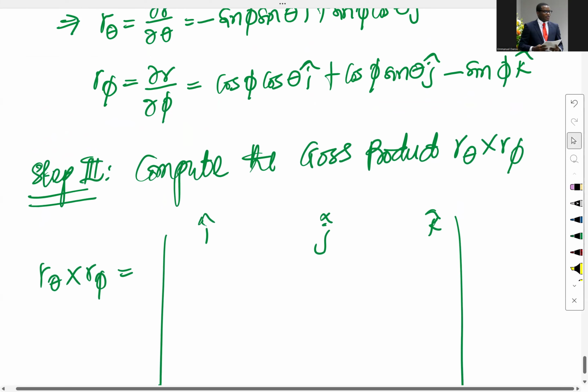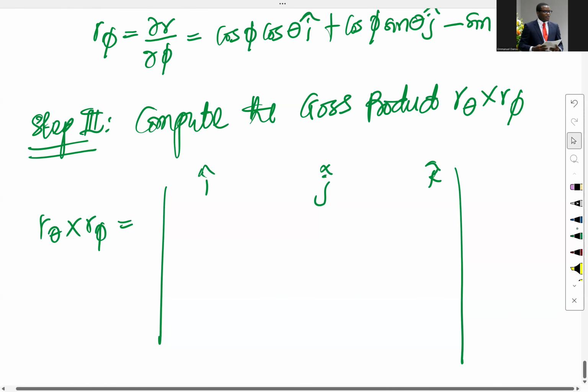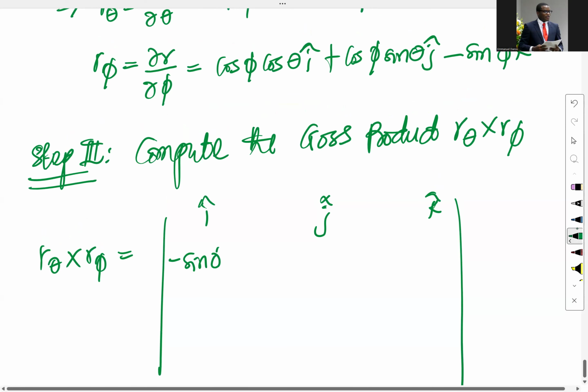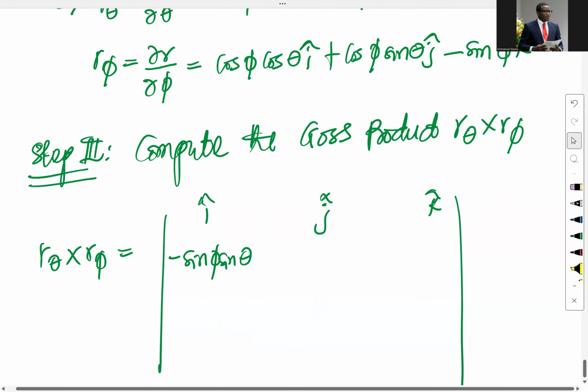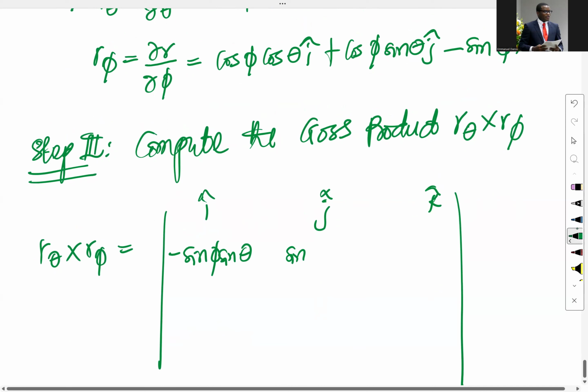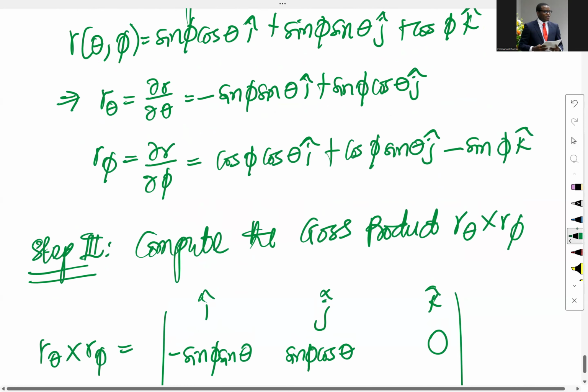Then for r theta, in the direction of i, you have minus sine phi sine theta. Then for j, we have sine phi cos theta. And then under k, we have 0, so there's nothing in the direction of k here.